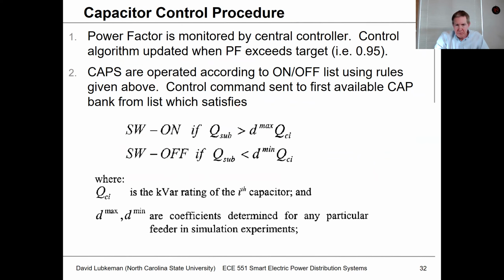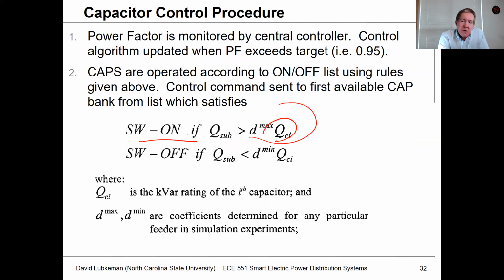And so for the control procedure, we're looking at the power factor at the top of the circuit. If we have the option, given the size of our capacitors, of making an improvement, if it turns out that the substation reactive power gets above a certain ratio of the downstream capacitor that's next to switch in, then we'll go ahead and switch it on.